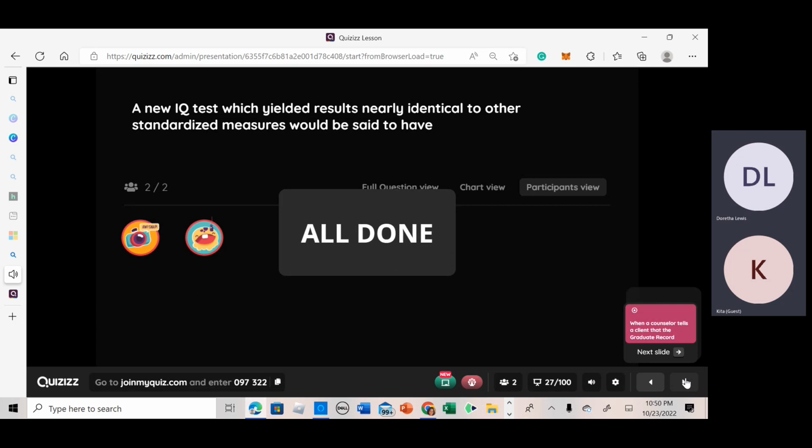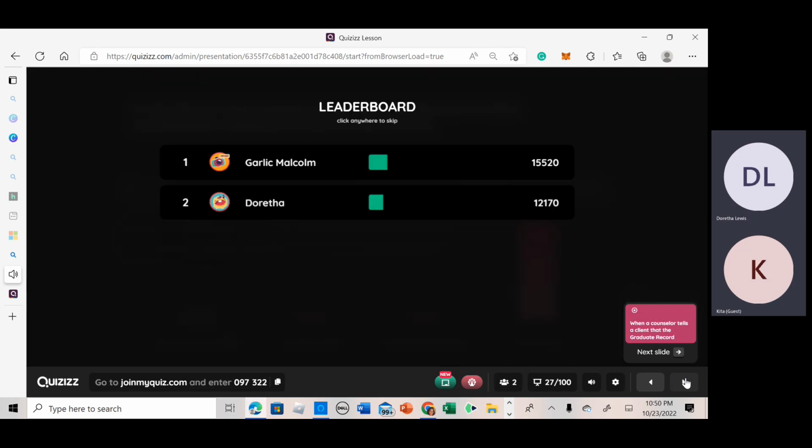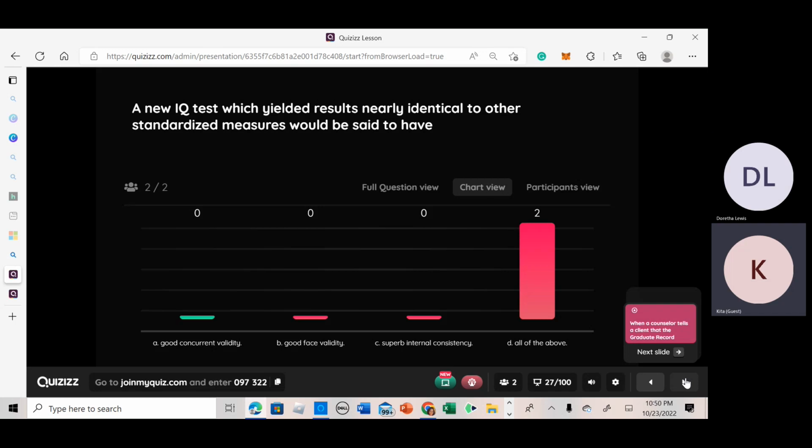A new IQ test, which yields results nearly identical to another standardized measure, would be said to have a good concurrent validity. Concurrent validity answers the question of how well your test stacks up against a well-established instrument that measures the same behavior, construct, or trait.